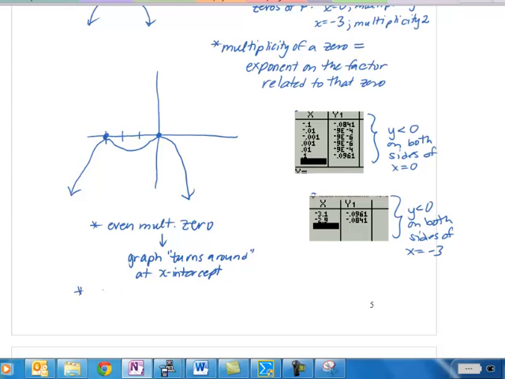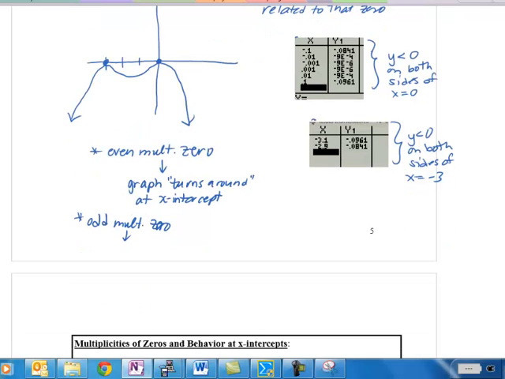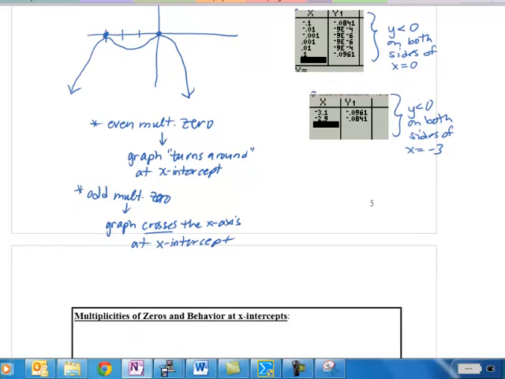But if we have an odd multiplicity 0, then the graph crosses the x-axis at the x-intercept. And that's what's coming up in the next table.